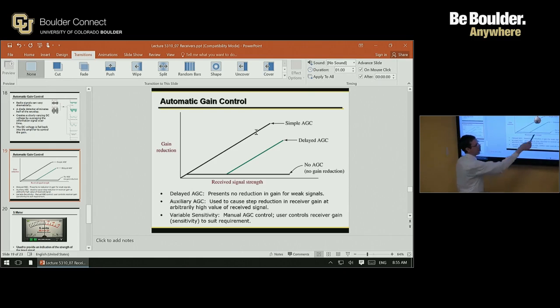So that's what this delayed one is. It's allowing full gain of all these lower signals here before it starts to reduce, so you can hear those very, very faint signals. A ham radio receiver might be more of this one here. And if you don't have any noise reduction, everything gets amplified. So those are the different ones.